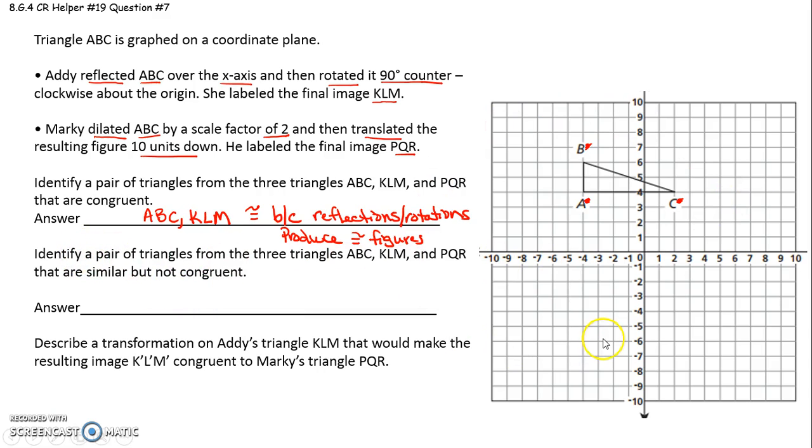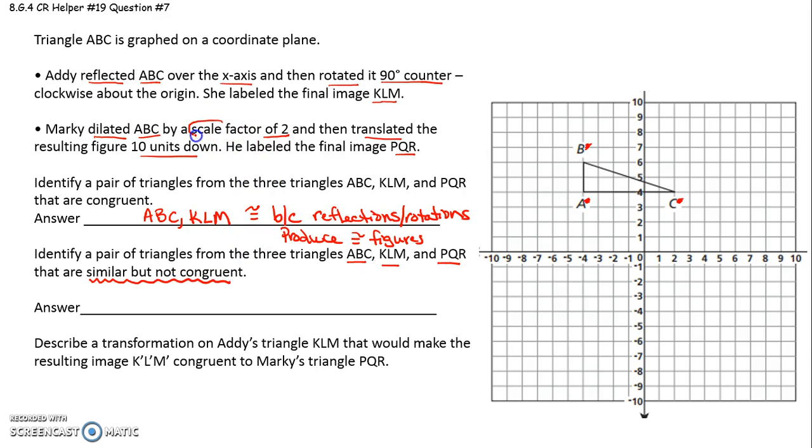And in a minute, I'm going to show you on the grid that they're definitely going to be congruent. They're going to have the exact same side lengths, the exact same angles, the exact same area, the exact same perimeter.